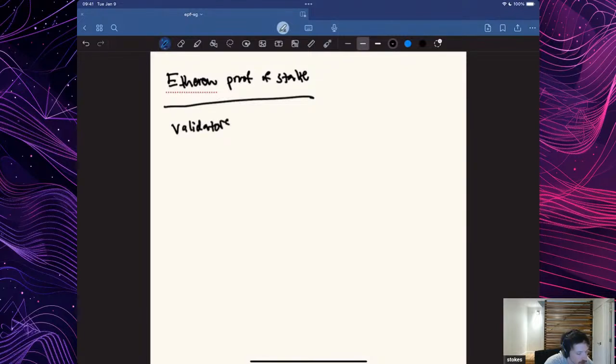And the validators do quite a bit. And this is maybe a little confusing, and this is actually something I think people have a misconception about around Ethereum generally, that you don't need to lock up 32 ETH to validate the protocol.